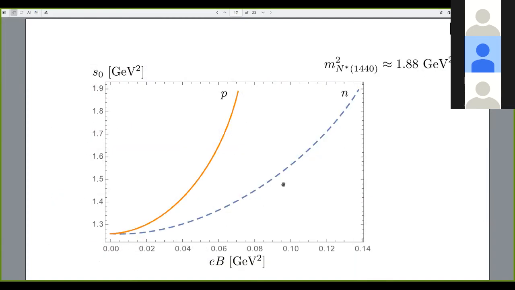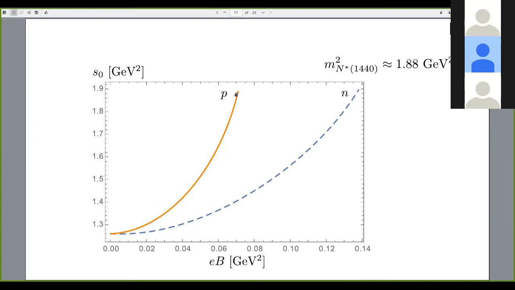So first of all, we need to see the hadronic threshold, because we're going to put some limits to our model of how much magnetic field it's valid to.